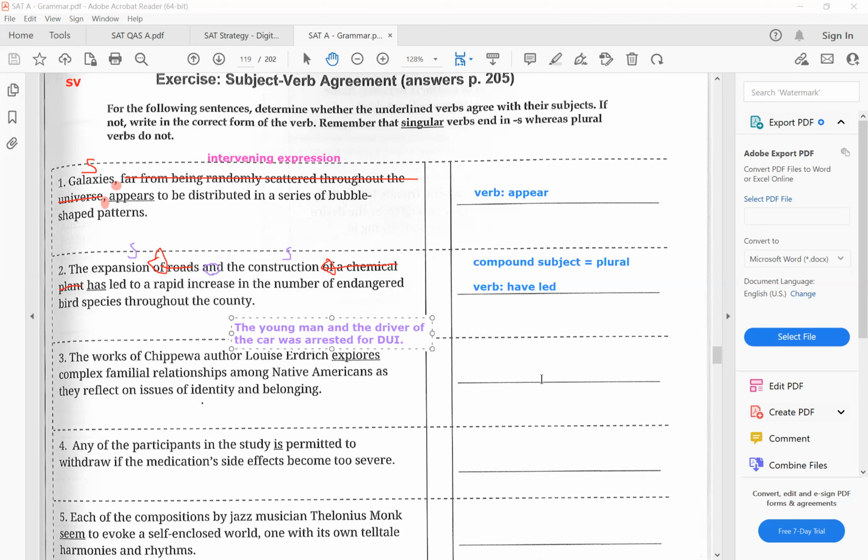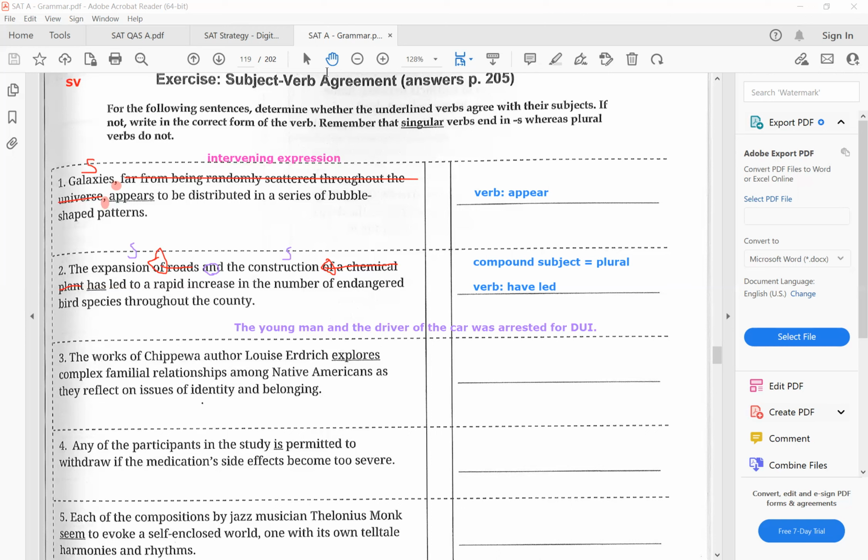So do you see how even though I have compound subject man and driver, it's actually referring to the same person. So my verb is actually was arrested, not were arrested. All right, so keep that in mind.